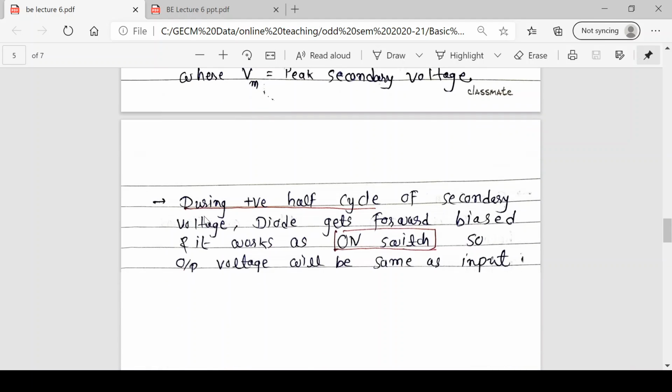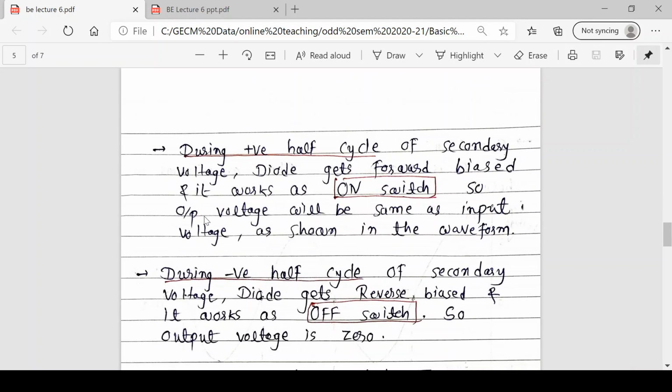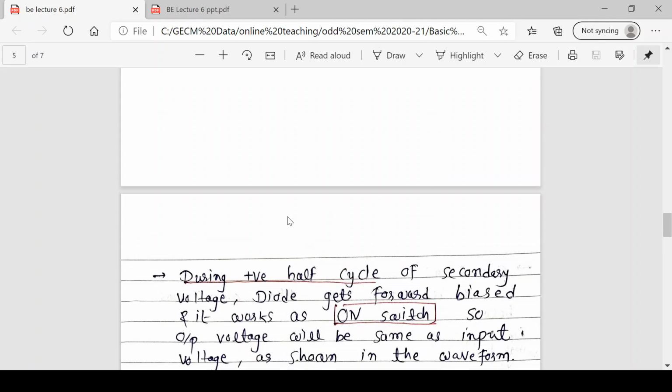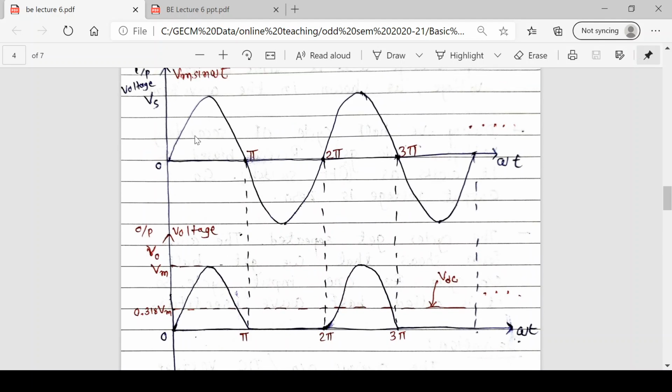So whatever we understood, let's summarize. What happens during positive half cycle of the input secondary voltage? The diode gets forward biased. It works as an on switch. So output voltage will be same as input and it is shown in the waveform. Output is same as input.